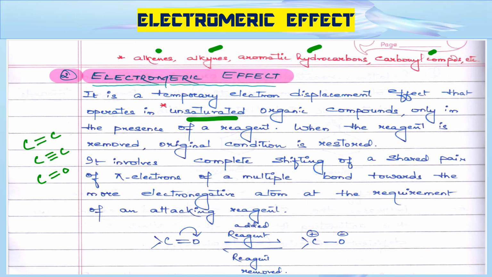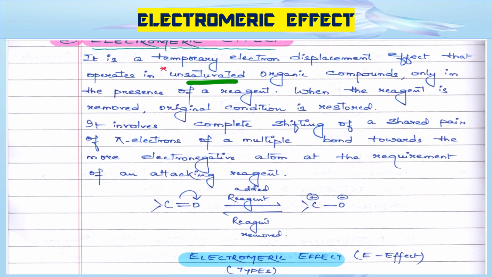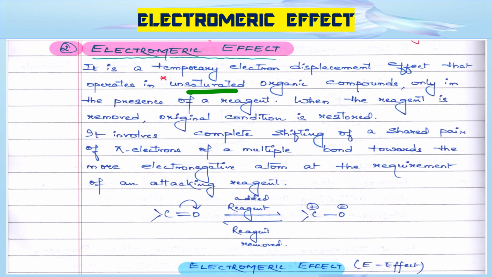So, as it is a temporary effect, an attacking reagent is a must. As long as the attacking reagent is there, the electromeric effect will be visible, and when you remove the reagent, the effect will disappear and the compound will restore its original condition. So electromeric effect is a temporary effect.